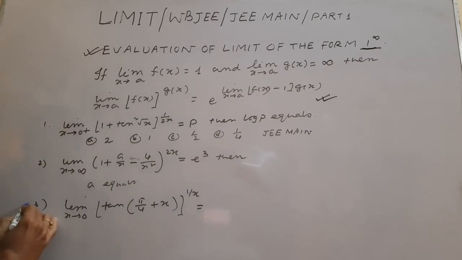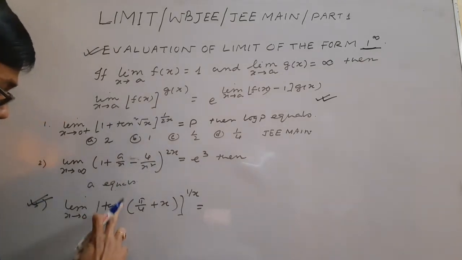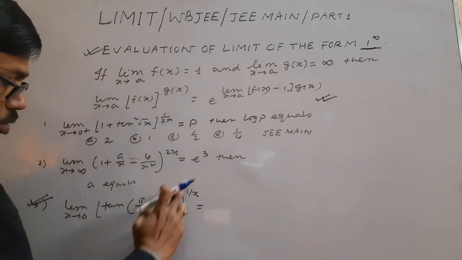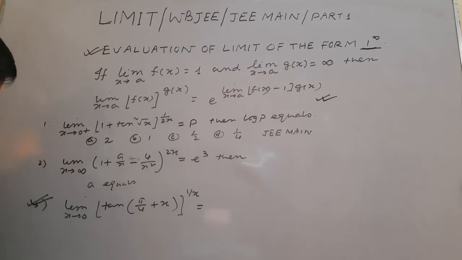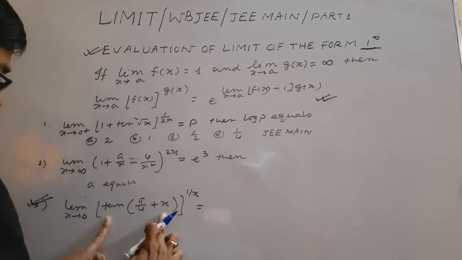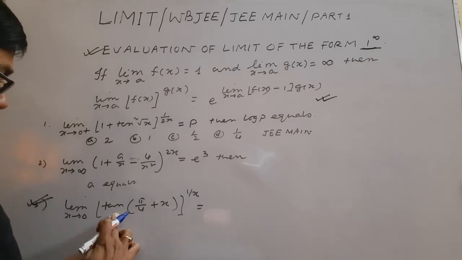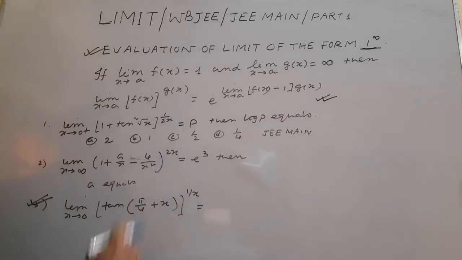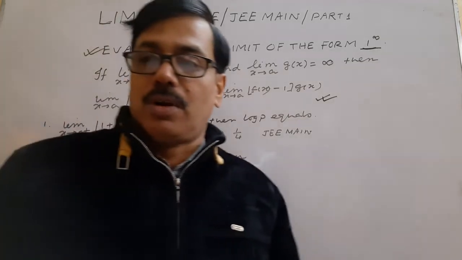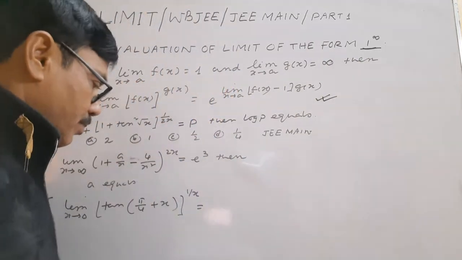Now look, problem number 3. Limit x tends to 0, [tan(pi by 4 plus x)] to the power 1 by x. So this is f(x). If x equals 0, this is tan pi by 4, this is 1. So it is of the form 1 to the power infinity.